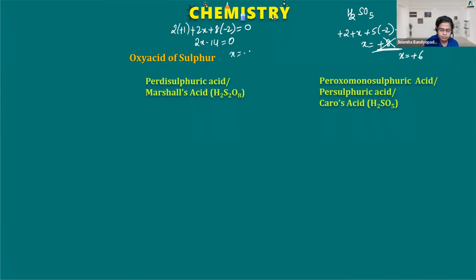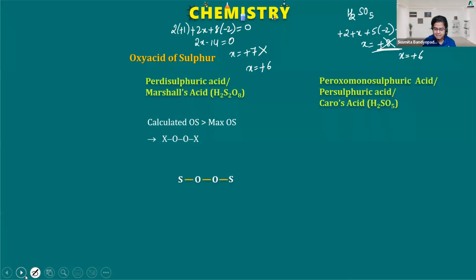You cannot exceed the maximum oxidation number. So in both cases, there are peroxy linkages for sure. It's a mixture of oxides as well as an additional peroxy linkage must be there. So both of them are peroxy acids, each sulfur in either case having an oxidation number of plus 6.